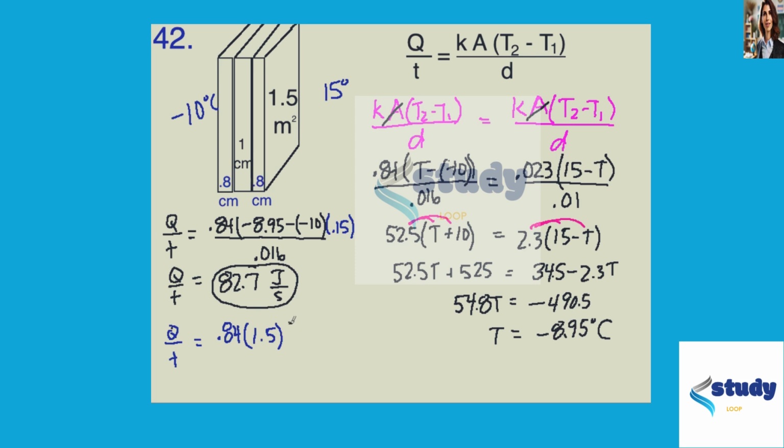Down here, my change in temperature, I'm just going to put it together. It goes from negative 10 to positive 15, so that's a change of 25. And the thickness of glass is 0.016 meters.